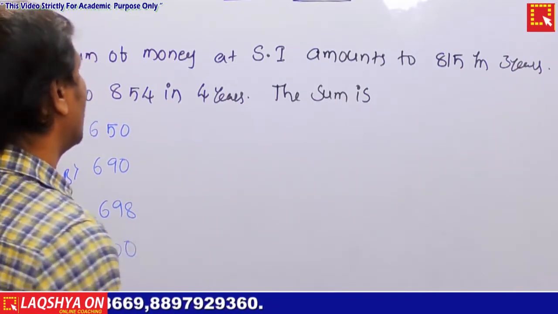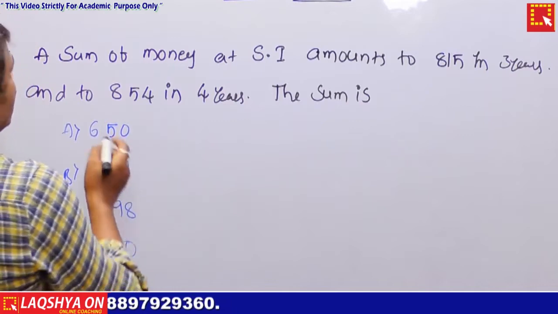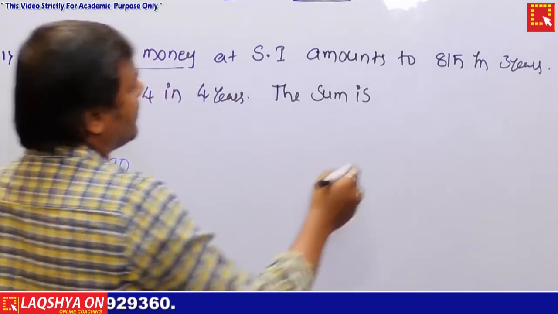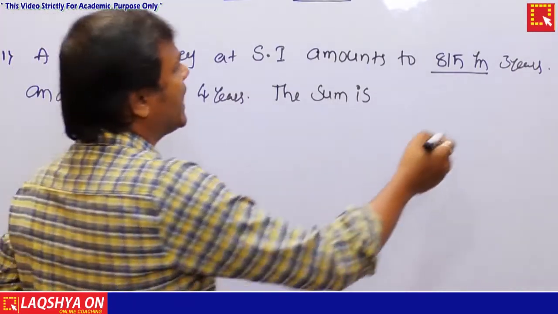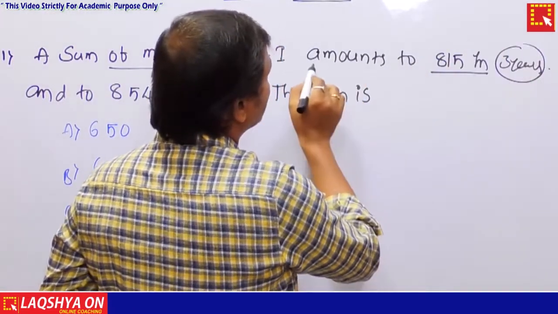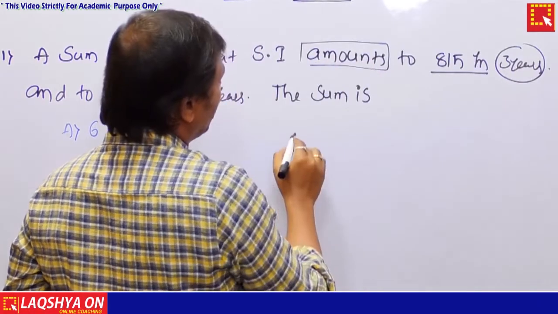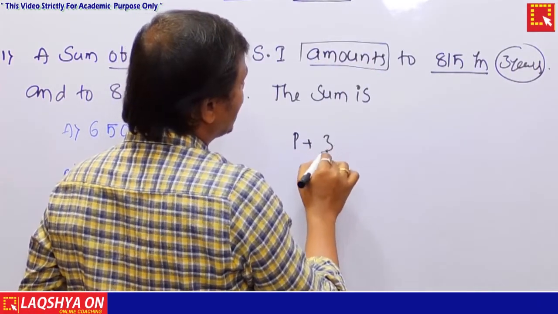Option D, 700. What does it say? A sum of money at simple interest amounts to 815 in 3 years. This amount is the principal plus 3 years of interest.